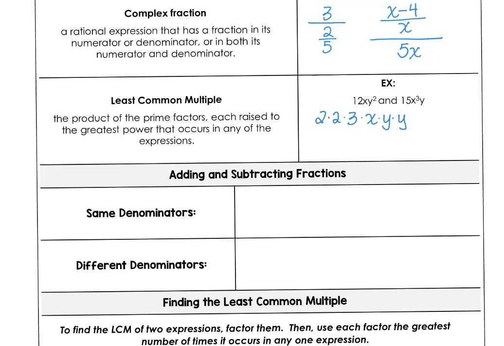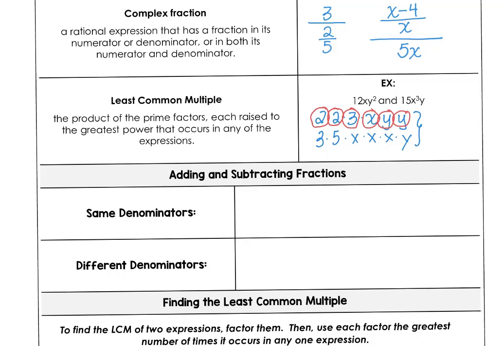So this is our prime factorization. And then 15 would be 3 times 5 times x times x times x times y. So to come up with our least common multiple, we would want to take all the prime factors, 2, 2, 3, x, and y squared.